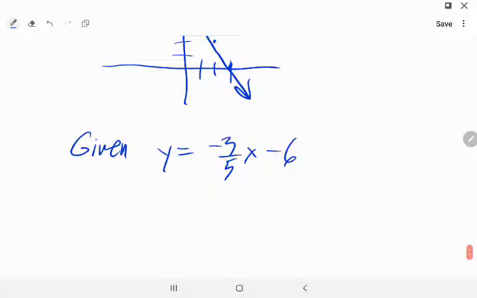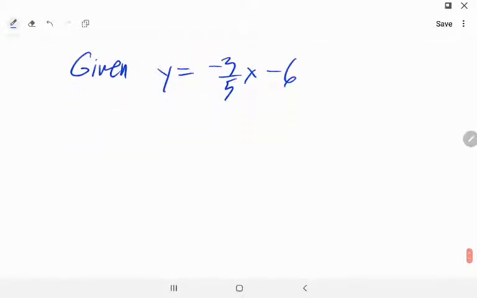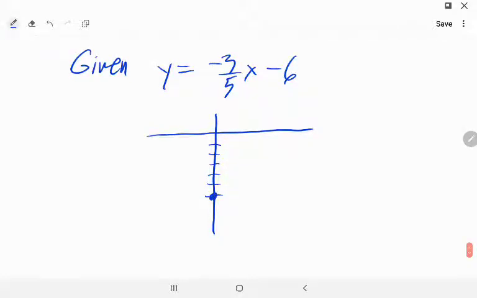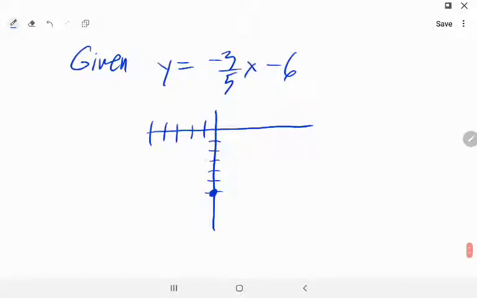So if we have y equals negative 3/5 x minus 6, now we're going to notice that our y-intercept is at 0, negative 6. And now we're going to go, if we go up 3, 1, 2, 3, we have to go back 5. If we had gone down 3, then we go to the right 5.